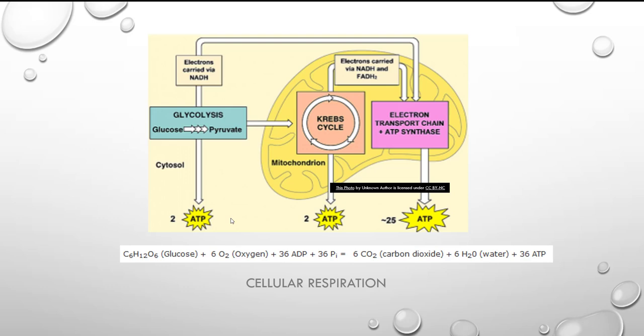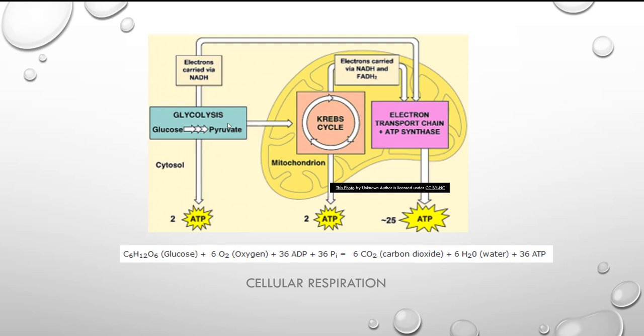So with glycolysis, remember, this is occurring outside of the mitochondrion in the cytoplasm of the cell. And this is something that all cells have some form of glycolysis. So we're extracting energy from glucose. So we're taking that glucose molecule and essentially we're just breaking that 6-carbon molecule into 2 3-carbon chains of pyruvate.